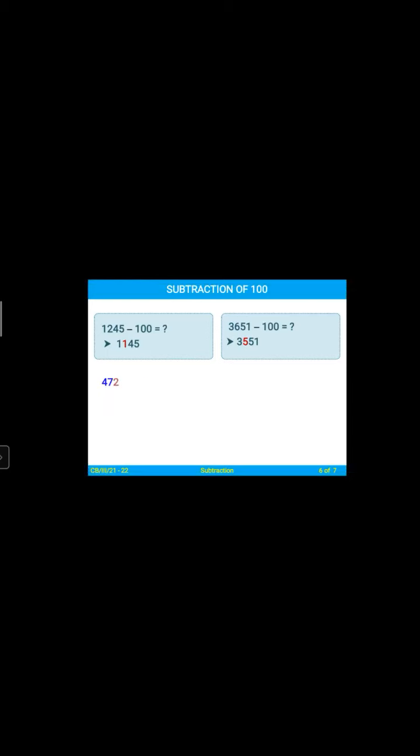Next, 4729 minus 100. So 100 प्लेस पे जो भी वैल्यू होगी, जैसे कि यहाँ पे 7, उसको क्या करना है? डिक्रीज बाय 1. So your answer is 4629. Next, 7526 minus 100. 100 प्लेस पे क्या है? 5.